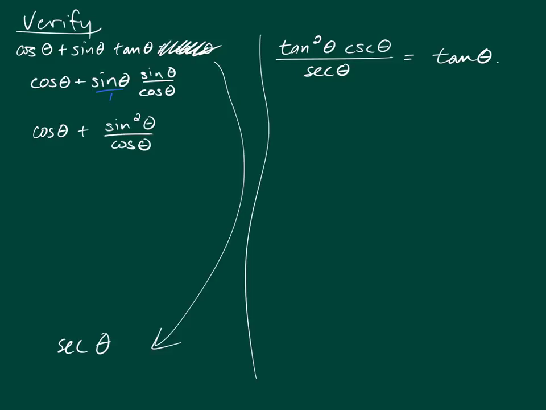So what I'm going to do is multiply just this term by cosine of theta over cosine of theta. So the rest of this will look like this: cosine theta plus sine squared theta over cosine theta. And so now by doing that, I have a common denominator.